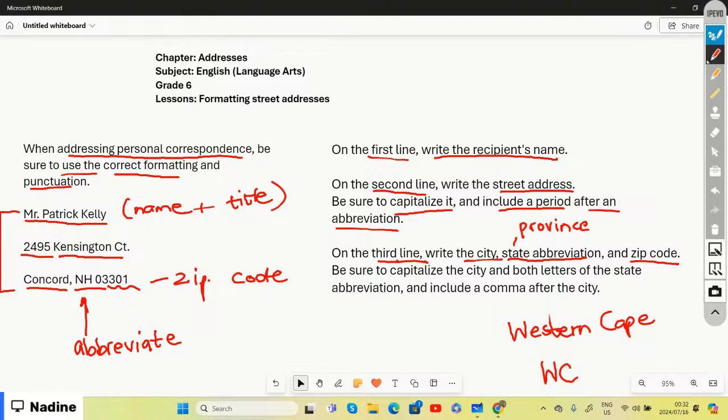So basically, zip code is the term used in America.